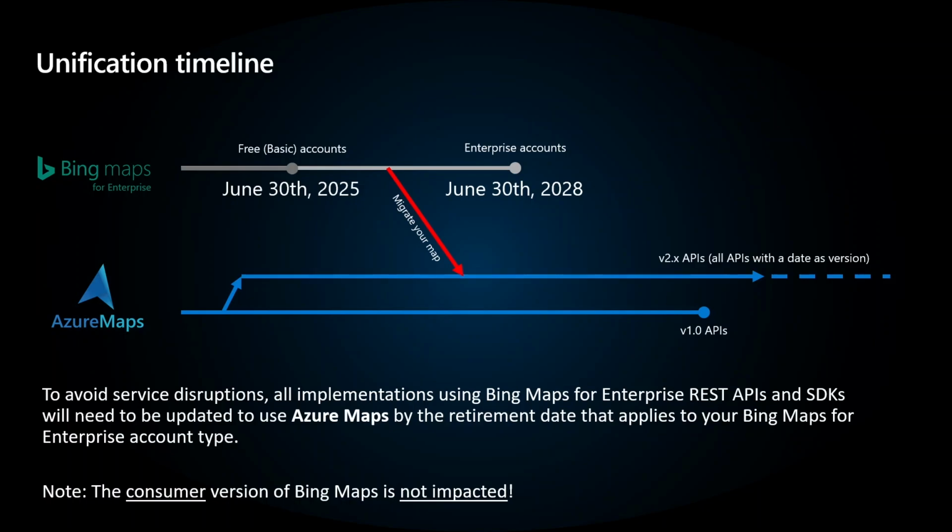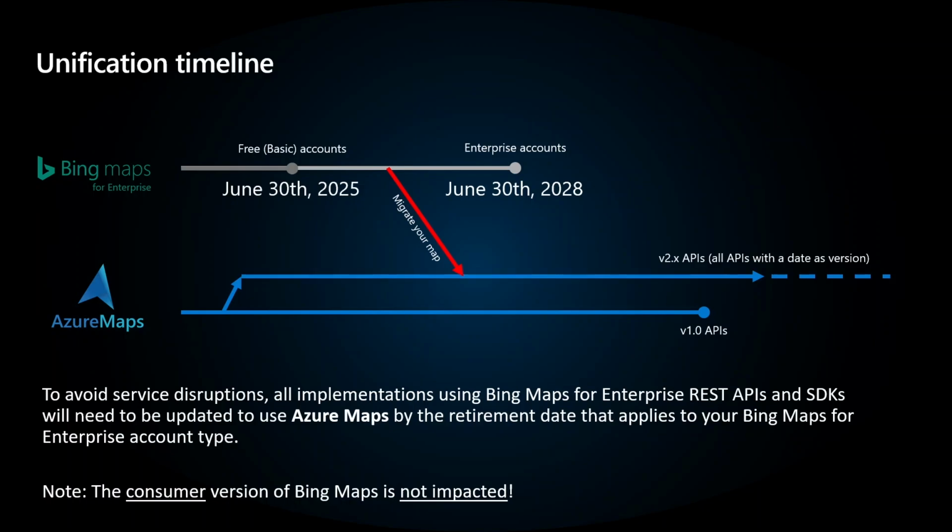When you do a migration to Azure Maps, we have different APIs, and we also have different versions of those APIs. We have version 1 APIs, and I call them version 2 type of APIs. Basically, you don't see the version 2 in the version number; it's in a date.